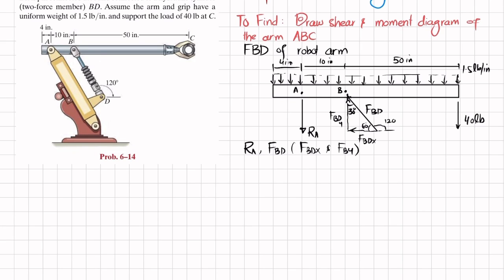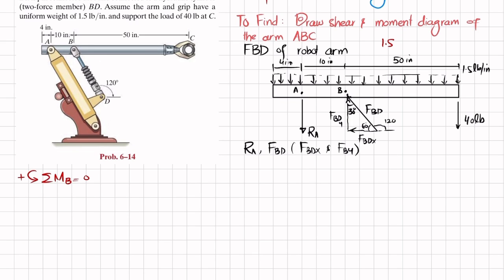So we'll apply the equations of equilibrium. The first equation is that the sum of all moments about point B is equal to 0, taking the counterclockwise moment as positive. If you convert this uniformly distributed load into a point load, it will be 1.5 into the total length over which it acts.